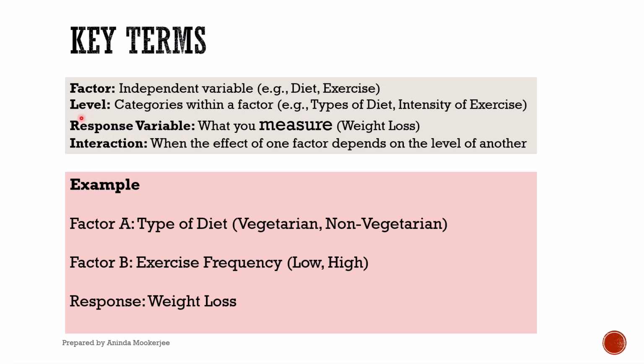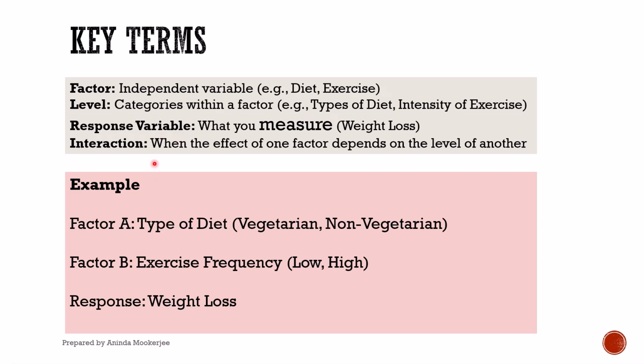So Northeast, and then there was the Midwest, the South, and the West. These were the four levels within the factor of the region, right? Within the independent variable, there were four levels. And then the response variable was the energy consumption, what we are measuring, what we are studying.